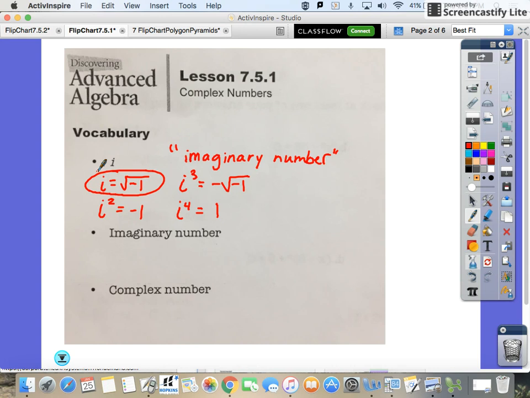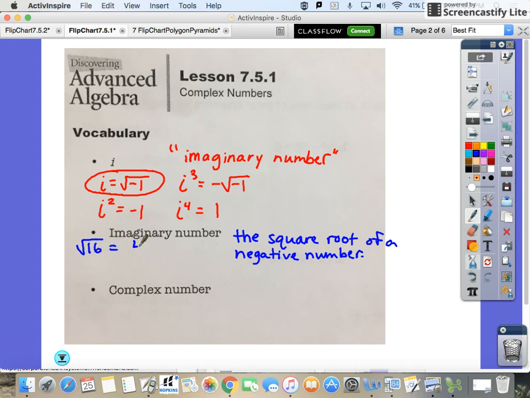The next term is imaginary number. So the imaginary number is the square root of a negative number. For example, the square root of 16 is 4 or -4.